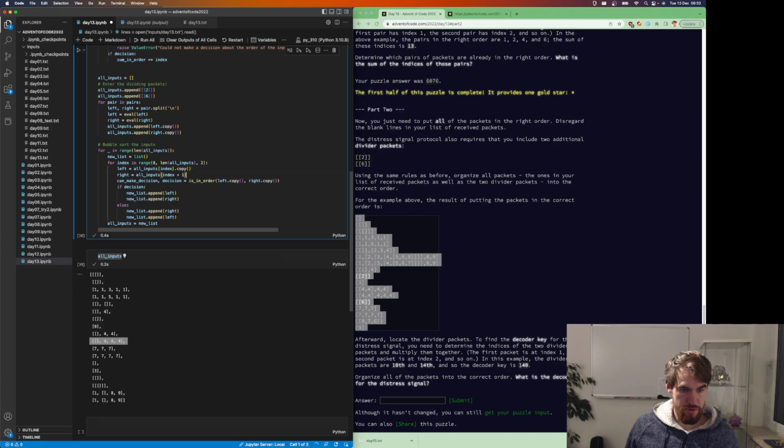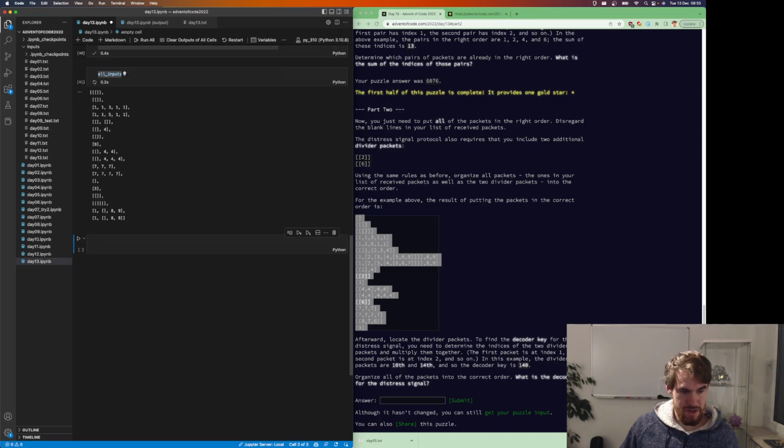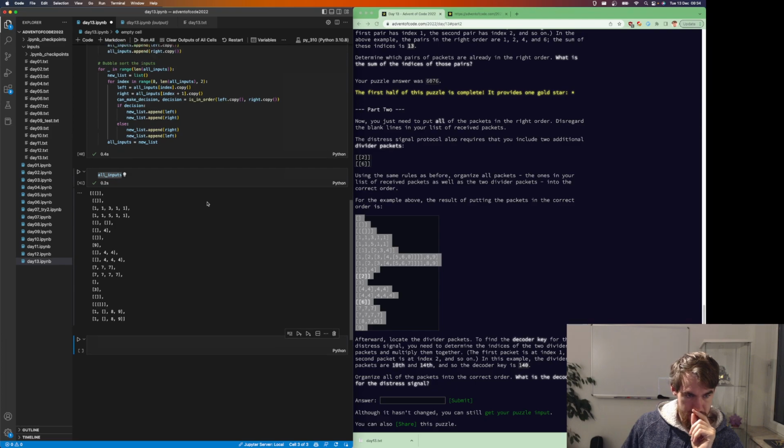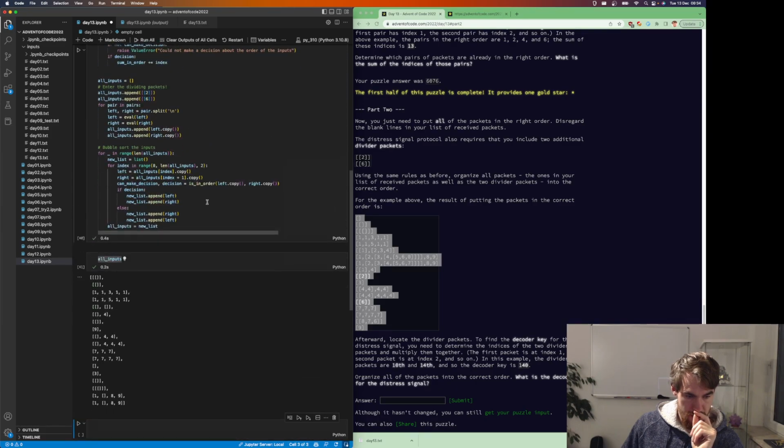I thought it would be fun to just quickly write bubble sort, but it is not that much fun somehow. Here we go, we see this as well.